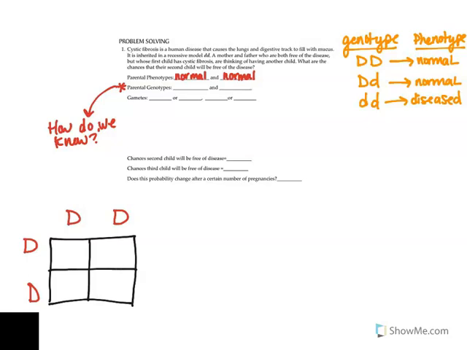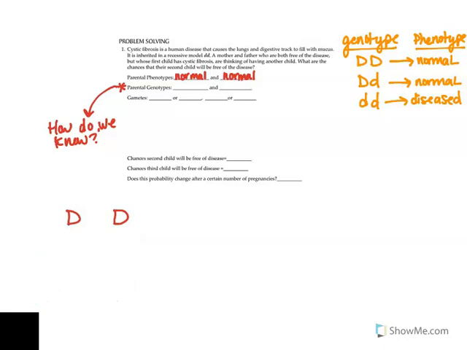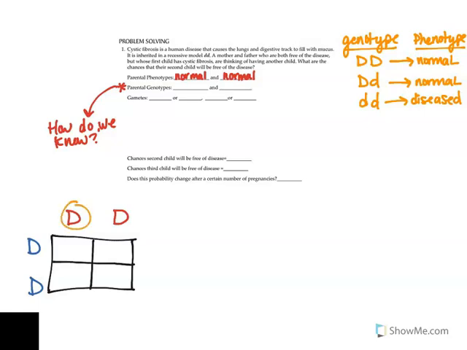If I run this Punnett square, bringing down my respective alleles to their boxes, it looks like each of those boxes is homozygous dominant.